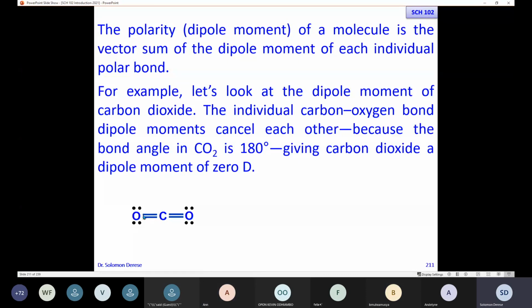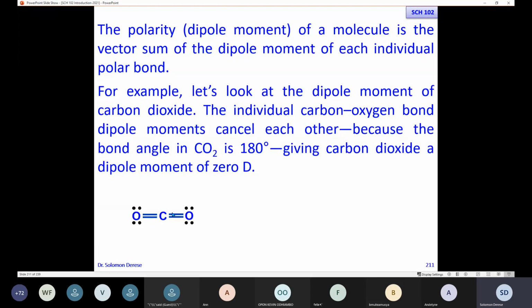You remember, in a triple bond we have one sigma bond and two pi bonds, and the shape is linear.